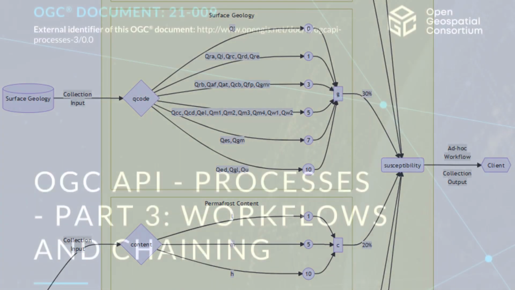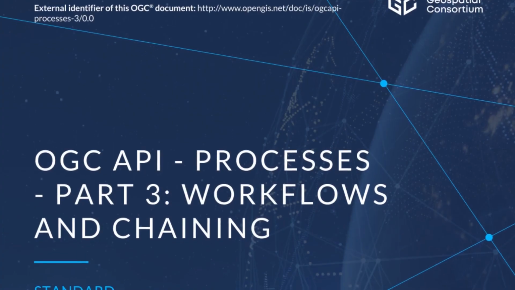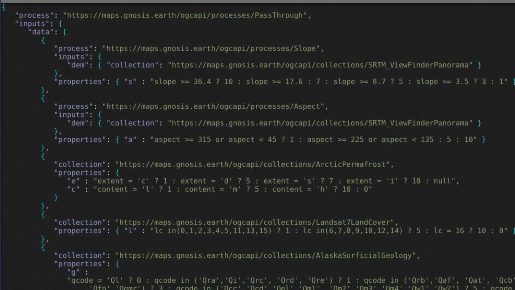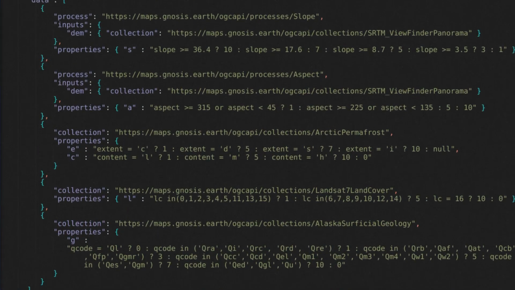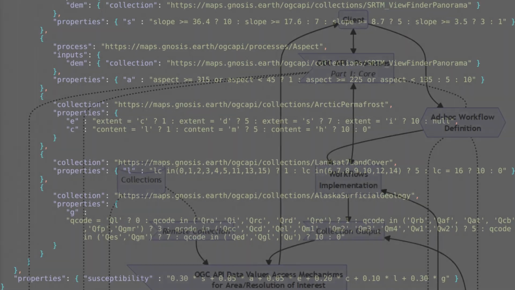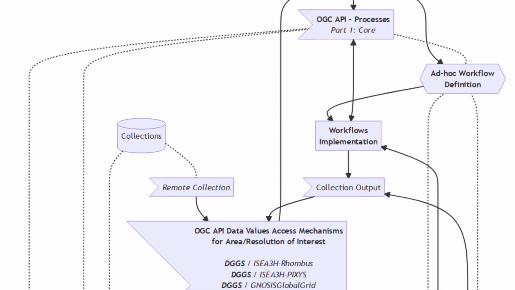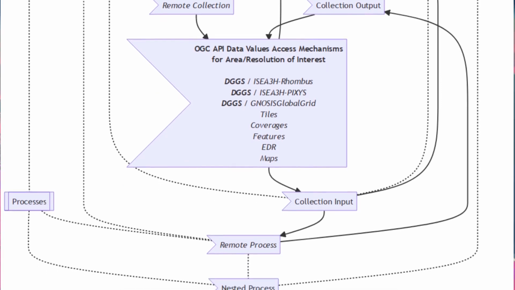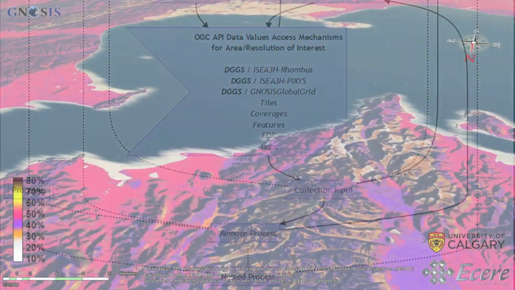This workflow can be defined using OGC API Processes Part 3, Workflows and Chaining, extending Part 1 core JSON execution requests. This allows clients to integrate multiple data sources and processes, providing algorithms and computing resources wherever they are located, and instantly visualize the results.